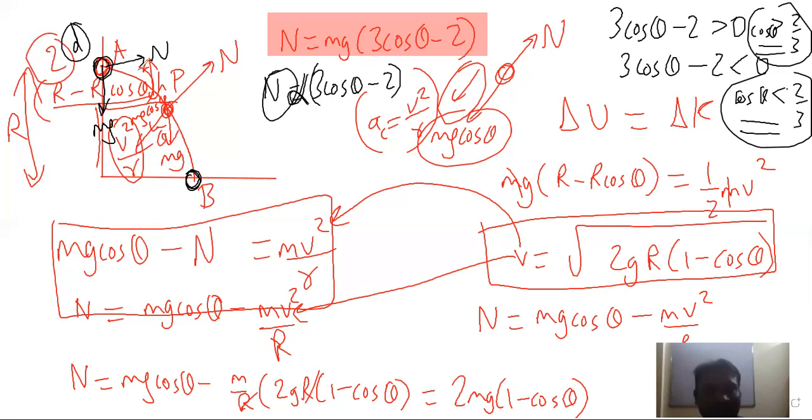Initially the answer is radially inwards, and later on it is radially outward. So as we go from A to B, depending on whether cos theta is greater than 2 by 3 or less than 2 by 3, our normal reaction will be initially radially inward and later on radially outward. So the correct answer is option D, and that completes the JEE archive questions.